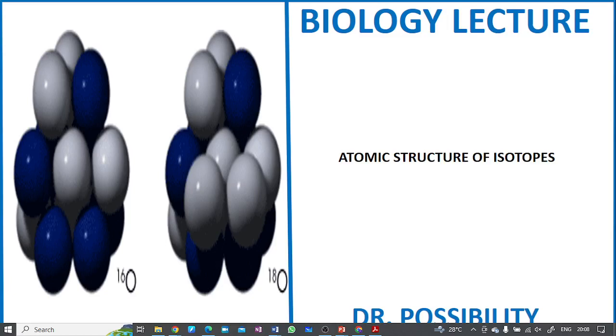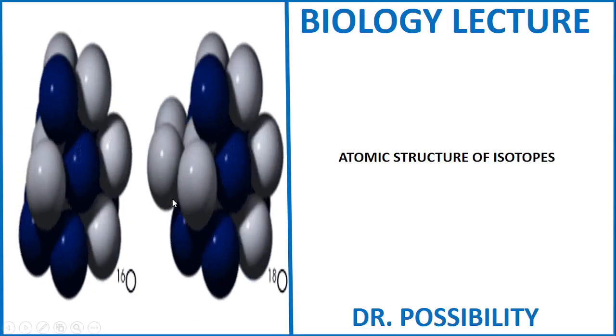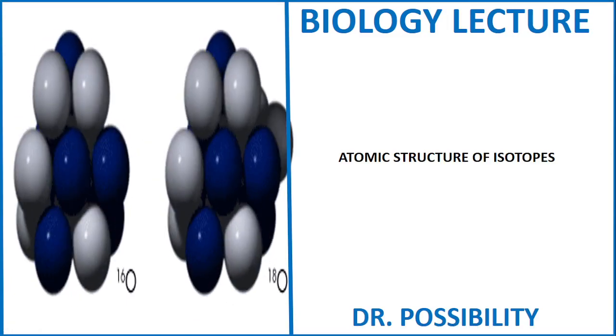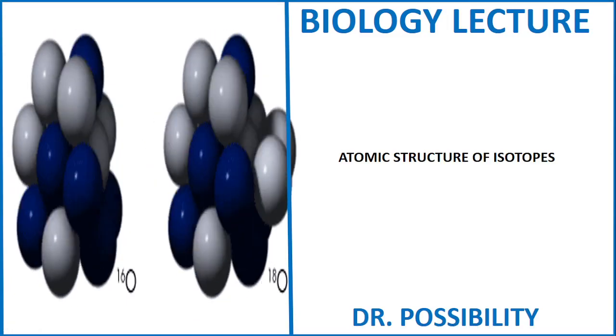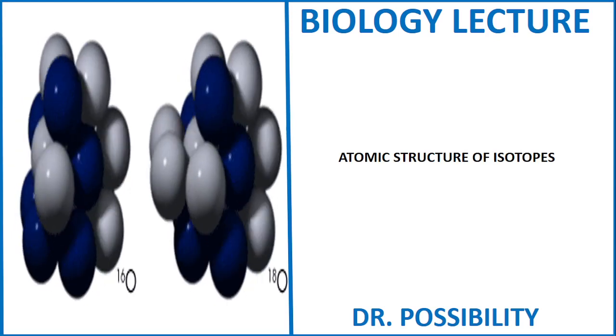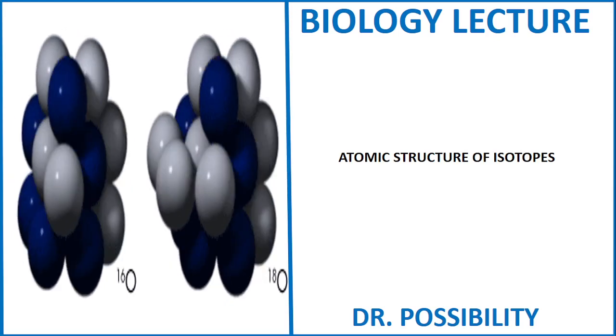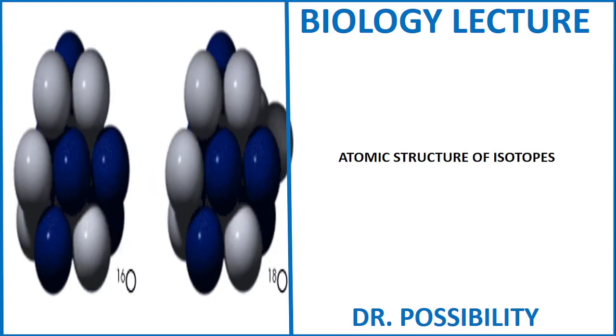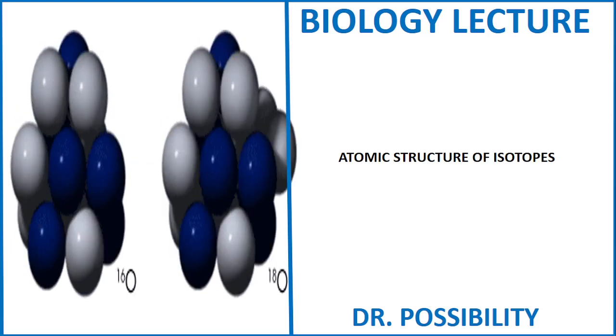Okay, so ladies and gentlemen, in today's class, we are just going to look at the atomic structure of isotopes. So we are focused on knowing how isotopes exist. We need to understand that oxygen doesn't exist alone.